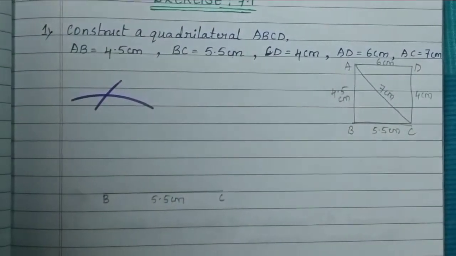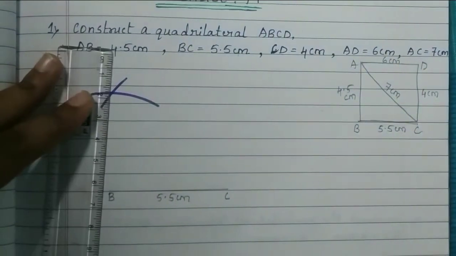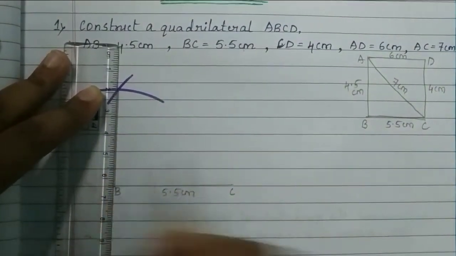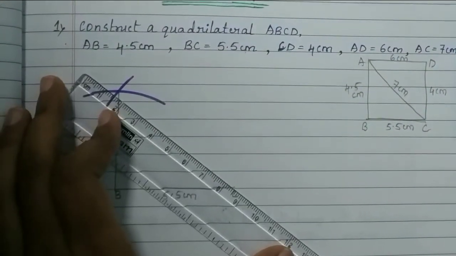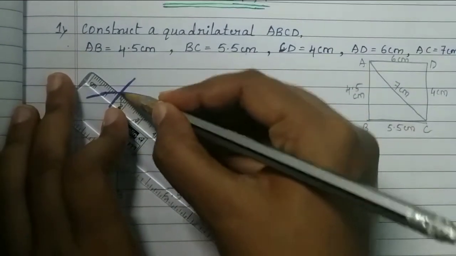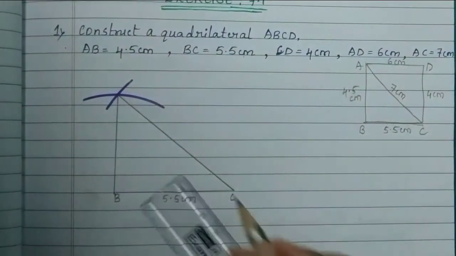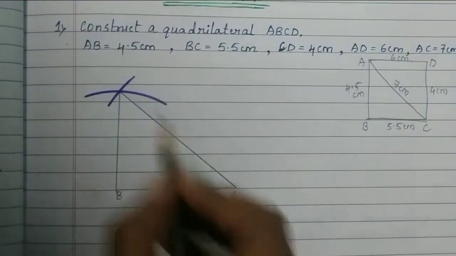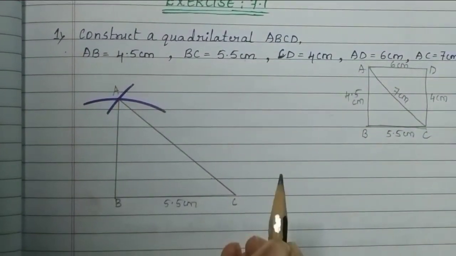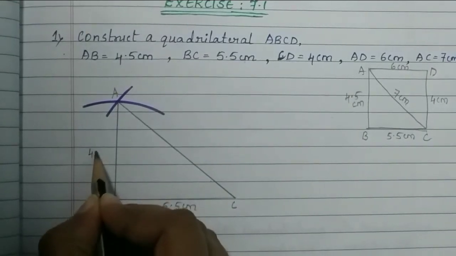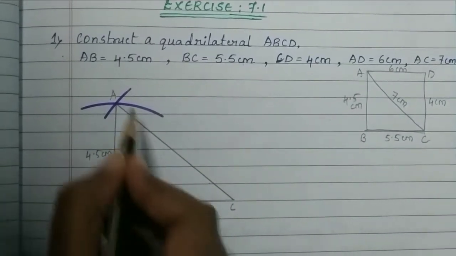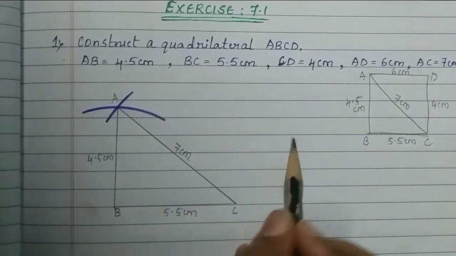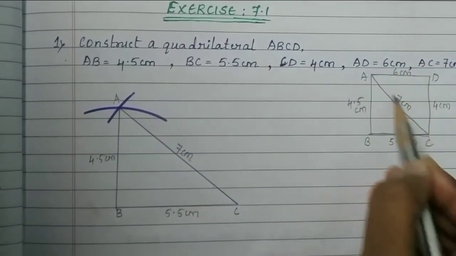Then next step we have to do is join the point B as well as join the point C. Now we got three things, that is our BC is 5.5 centimeter, AB, this point is A. Then our AB we got as 4.5 centimeter, we got our AC as 7 centimeter. Next, only the upper triangle is remaining.